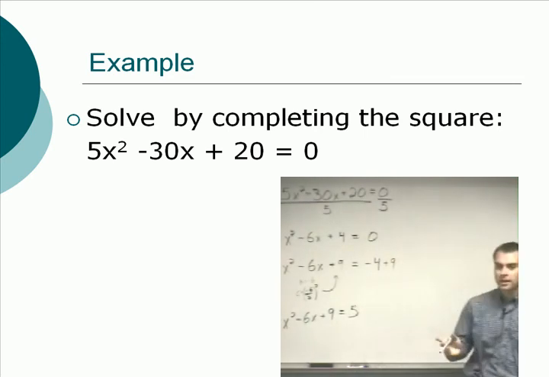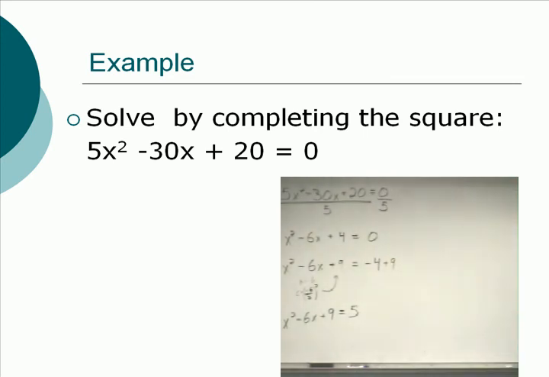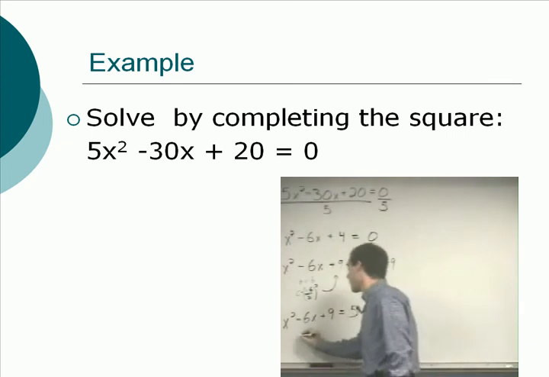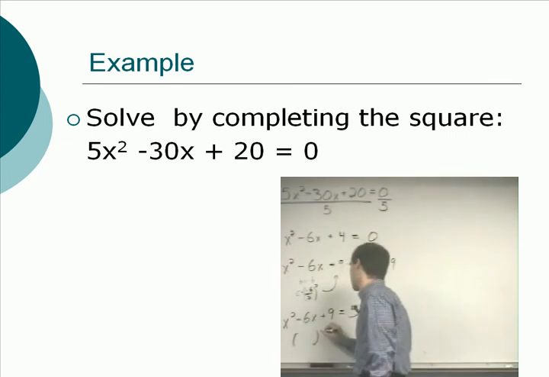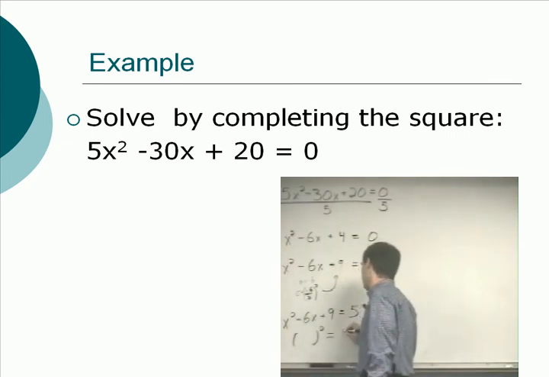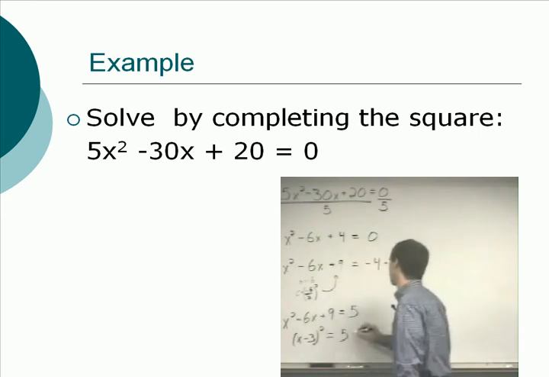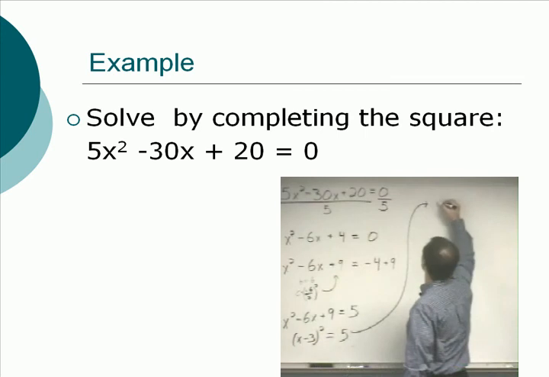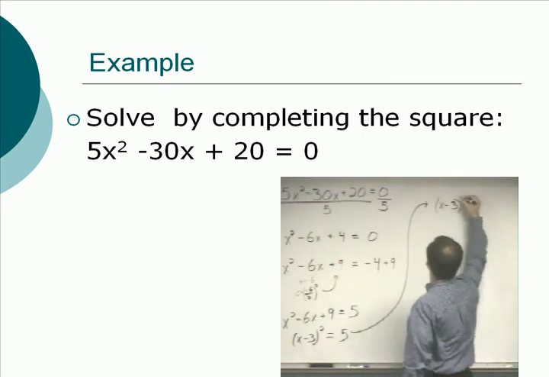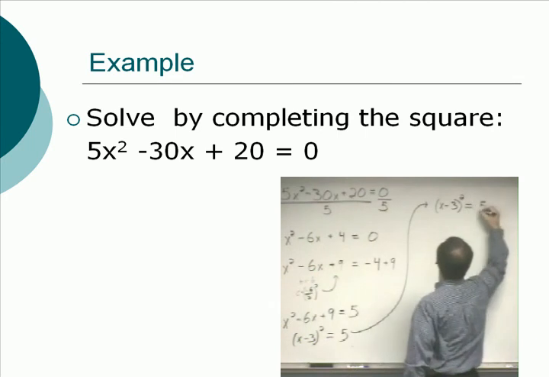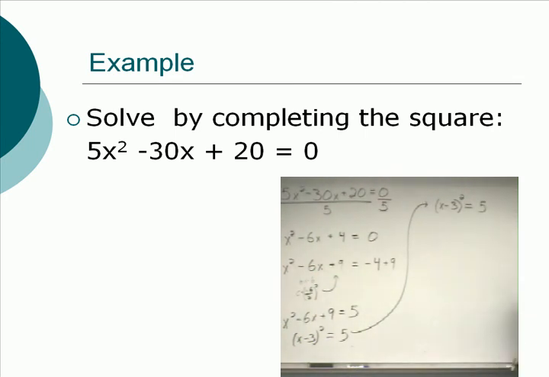Okay, well, we got the 9. Now we know the left side will be a perfect square. So we can then write it as x minus 3 squared. That's right. Take the square root of both sides.